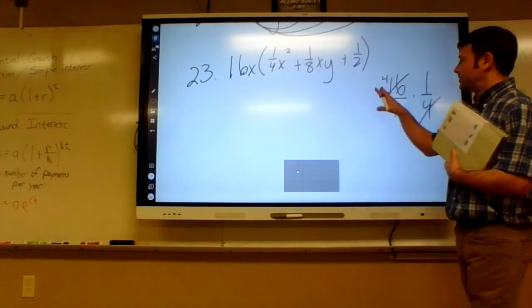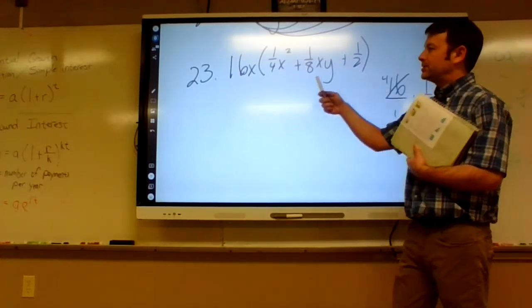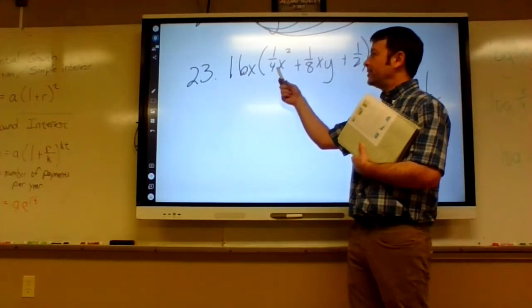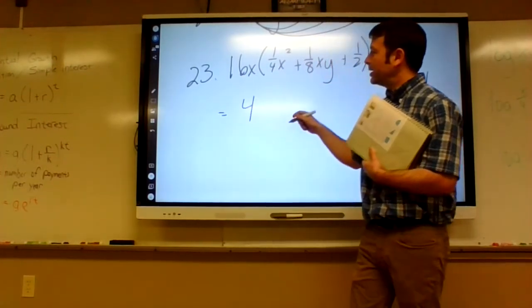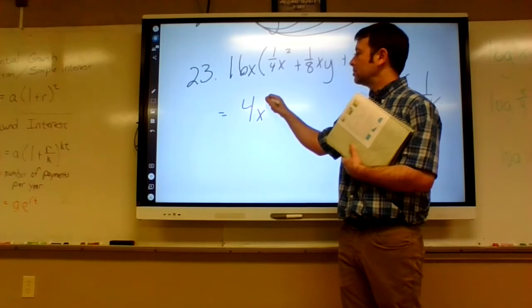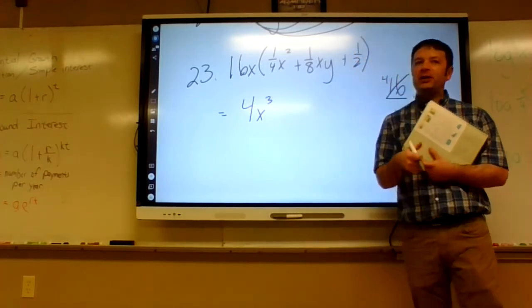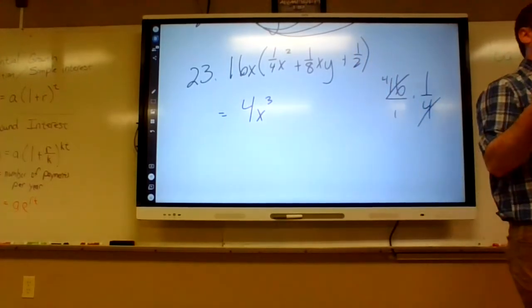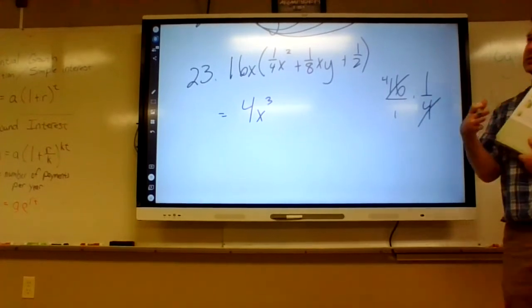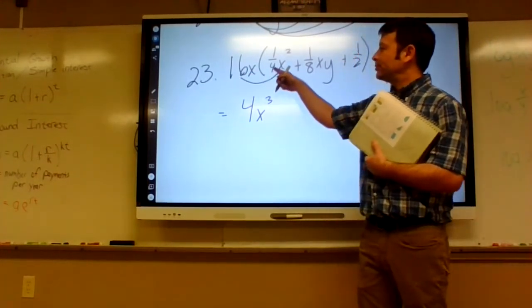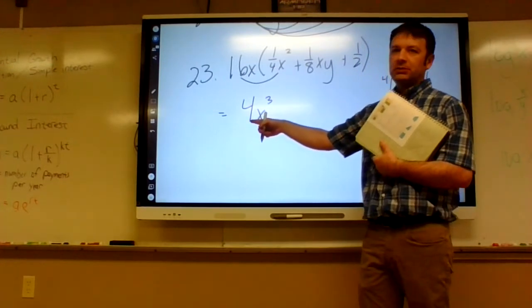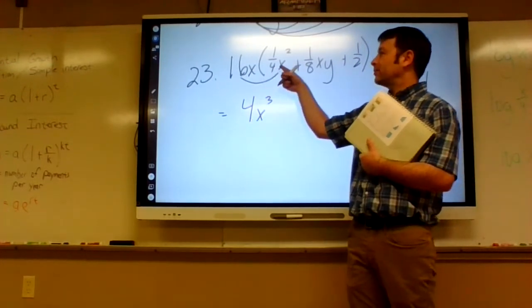You can just say, what's 16 divided by 4? 4. How many X's we got? 3. If you think about it, it's like saying, what is 1/4 of 16? Wait, are we not doing the distributive? Yes, we are. 16 times 1/4 is 4, because it's like 16 divided by 4.